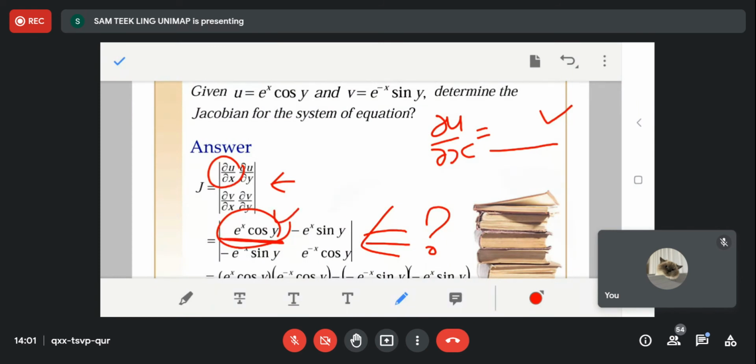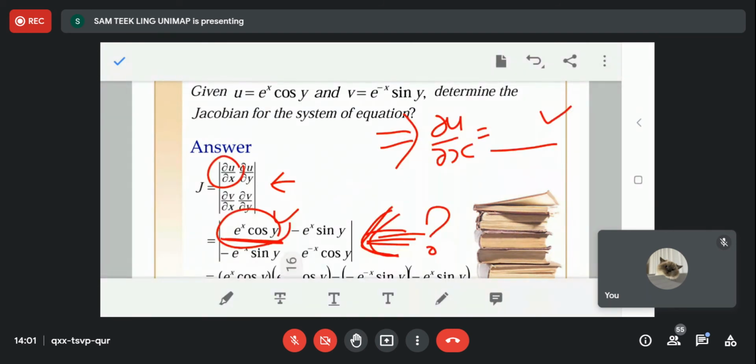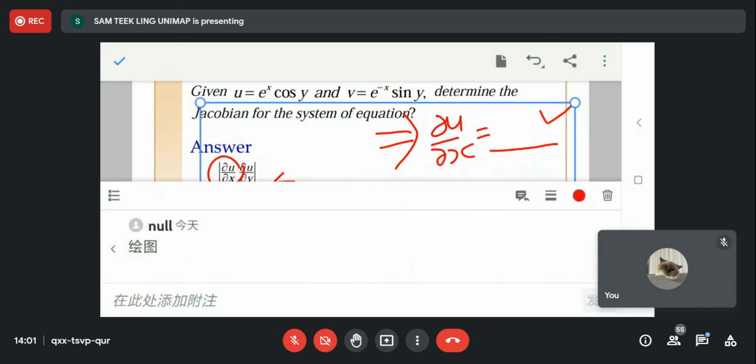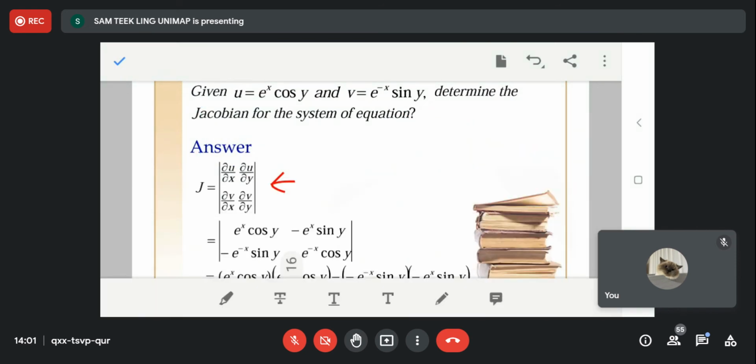If you don't write this out, I wouldn't know how you created the determinant, what the items inside are. So make sure, if you want to solve Jacobian, don't skip the steps.